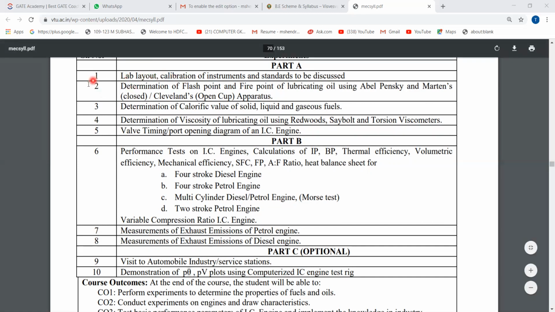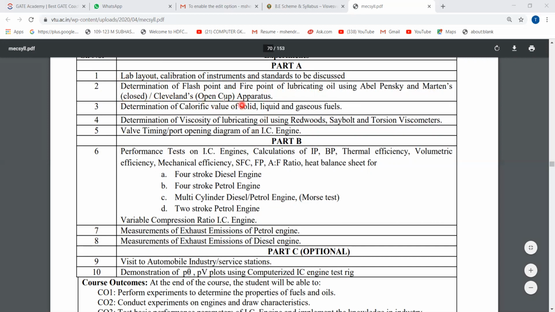We will go with the second experiment, that is the determination of flash point and fire point of lubricating oil using Abel Pensky-Martens apparatus, which is also known as closed cup apparatus, and the Cleveland apparatus, which is also known as open cup apparatus.